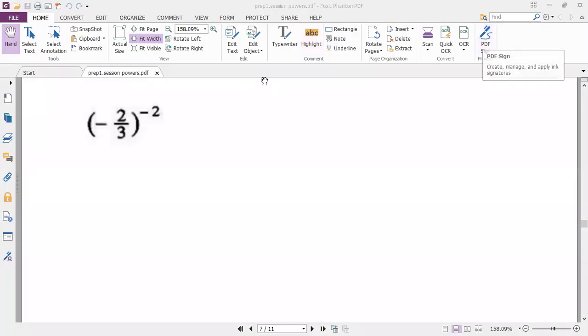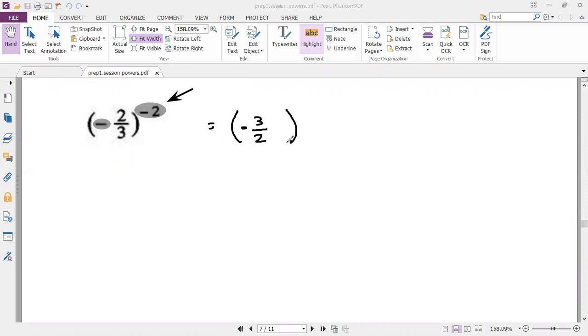In this example, we have negative 2 over 3 all raised to the power of negative 2. We have a negative power and we have a negative number. How can we deal with the negative power? Just switch the numerator and denominator. So it's going to be negative as it is, and instead of writing 2 over 3, we can write it as 3 over 2, all raised to the power of 2.